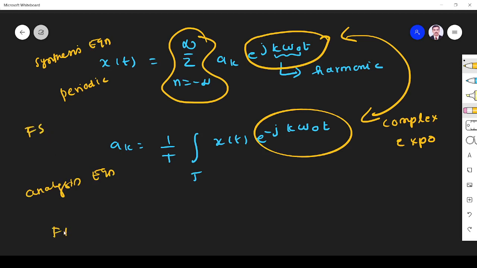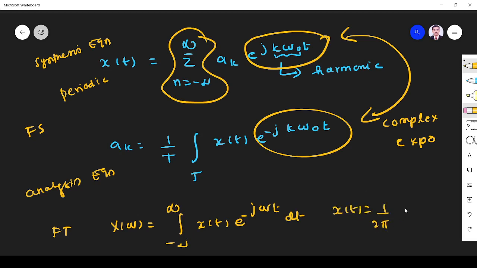For Fourier transform, we know the equation is given by X of omega equals the integral from minus infinity to plus infinity of x of t e power minus j omega t dt. For inverse Fourier transform, x of t is given by 1 by 2 pi times the integral from minus infinity to plus infinity of X of omega e power j omega t d omega.